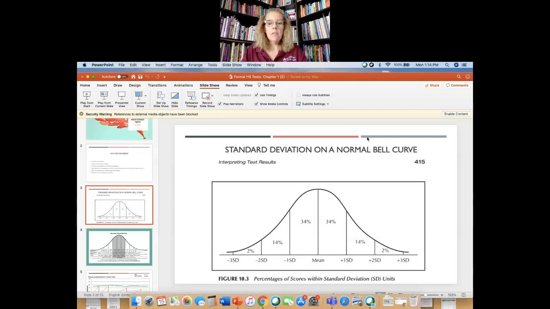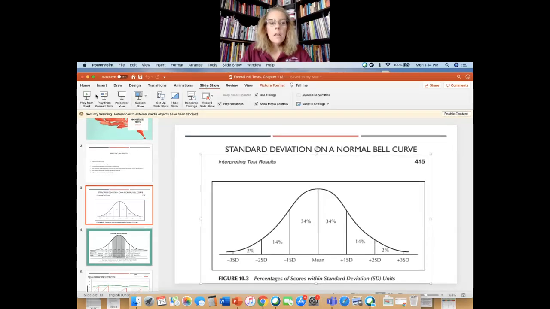They might miss out on taking band or PE. Instead, they have to go to a developmental reading class. So when there are high stakes attached, this bell curve will always be used, and they will shift it back and forth.